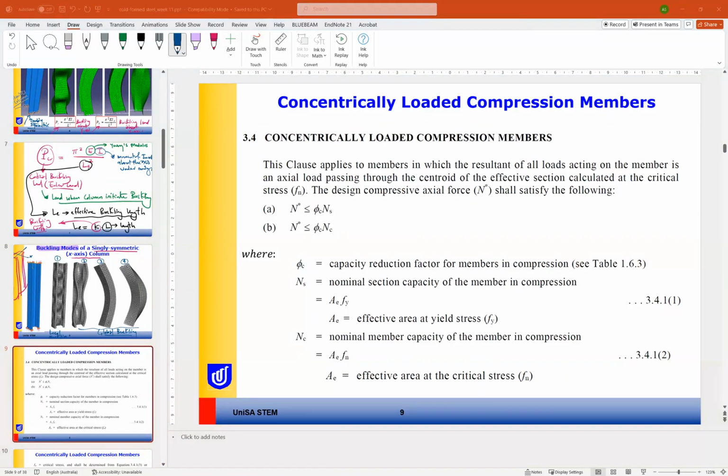This section is covered in the standard AS 4600, section 3.4, design of concentrically loaded compression members.